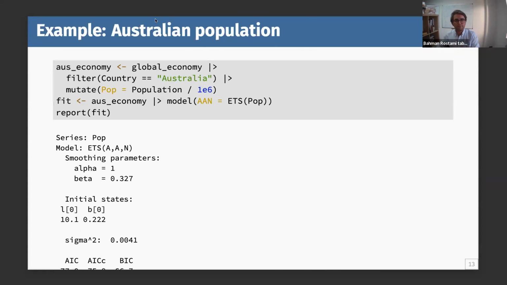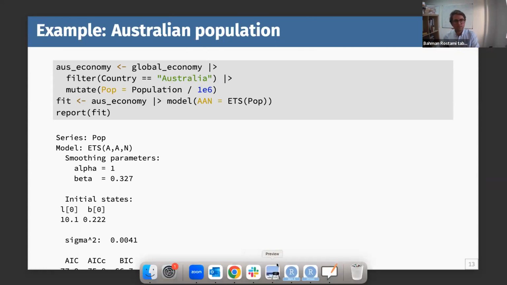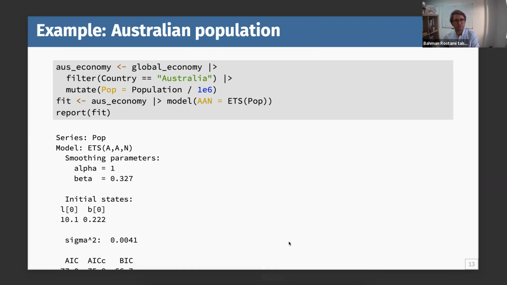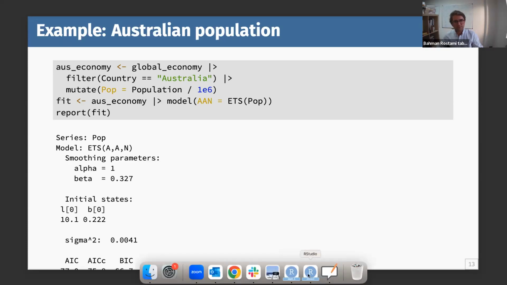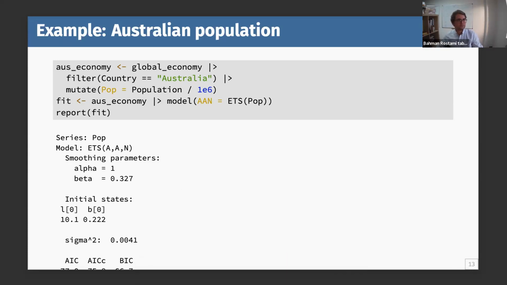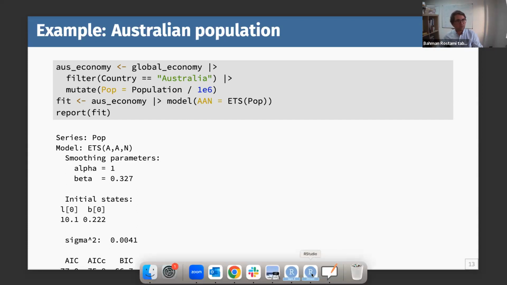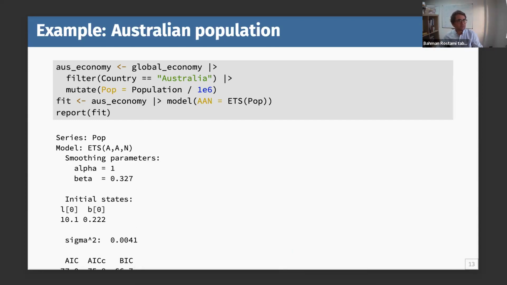Okay, maybe I can show you this example here as well. I think this is sort of an automatic one. I can go to RStudio. This time we look at the population.